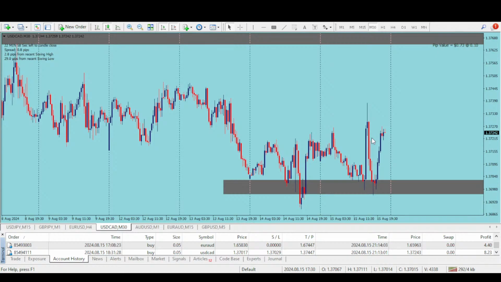So I exited the trade here. I exited the trade at 37.24, somewhere here, but my take profit was 37.44 around these areas.